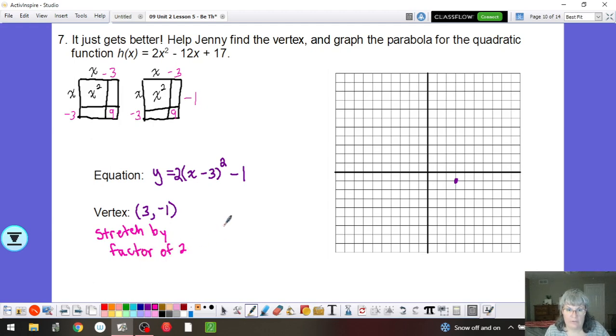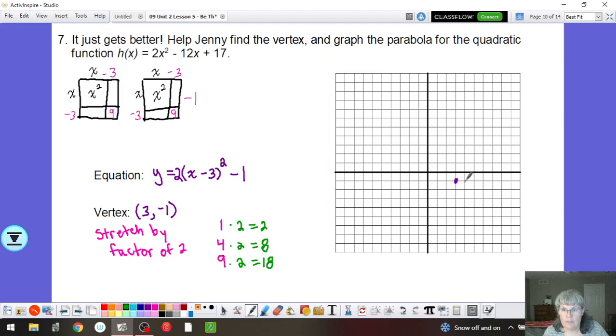So our anchor values of 1, 4, 9 each need to be multiplied by that stretch of 2. So when we move 1 unit horizontally, 2 units vertically, 2 units horizontally is now 8 units vertically. 3 units horizontally is now 18 units vertically.